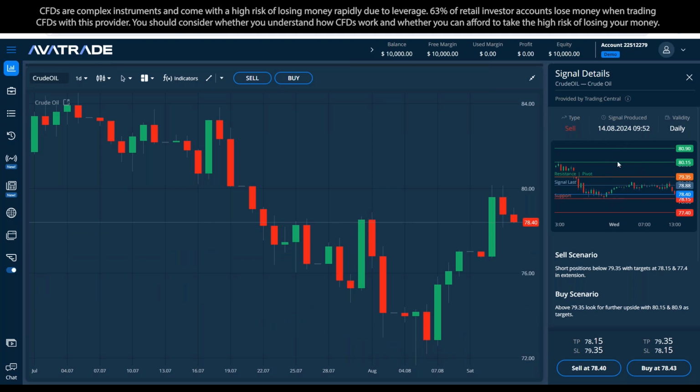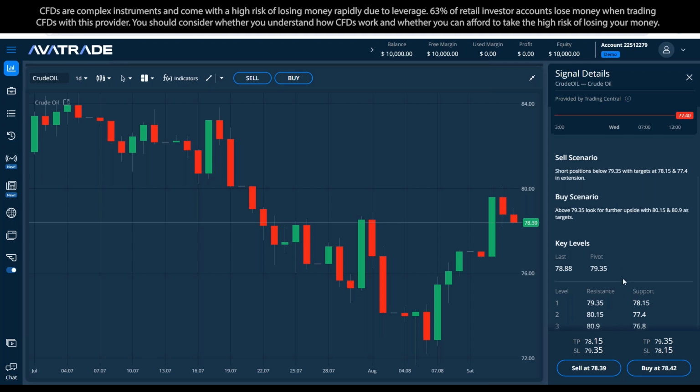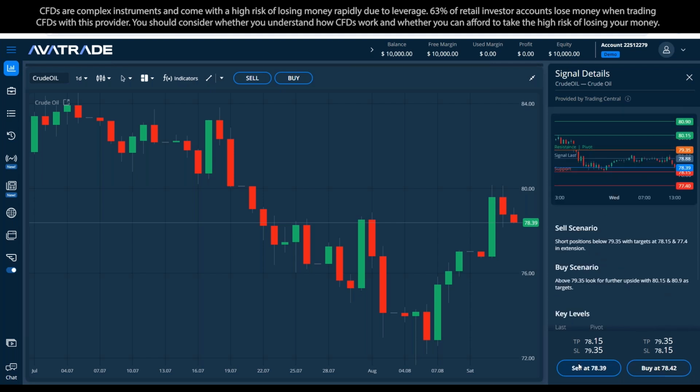All I have to do is choose a buy or a sell. There is some nice information here, support and resistance, and some pivot point mentioned at the bottom. We don't fully understand what support and resistance are yet, but for people who know, this is very useful. Then I'm going to choose buy or sell.